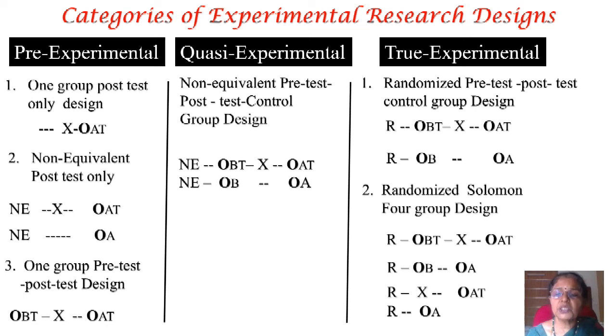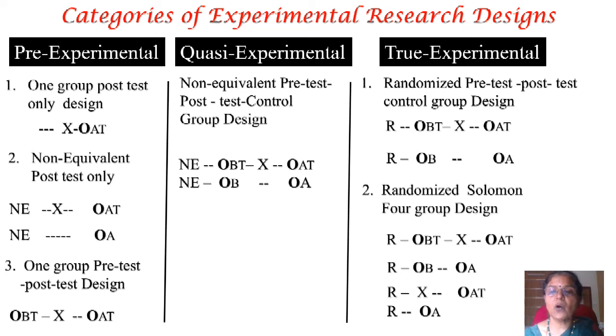Based on the research question, what is your research topic? What is that you want to establish? The researcher has to choose the design, particular design that will most suit his or her needs. And going from the pre-experimental design to true experimental design through the quasi-experimental design, there is an increasing order of robustness. So what is robustness?